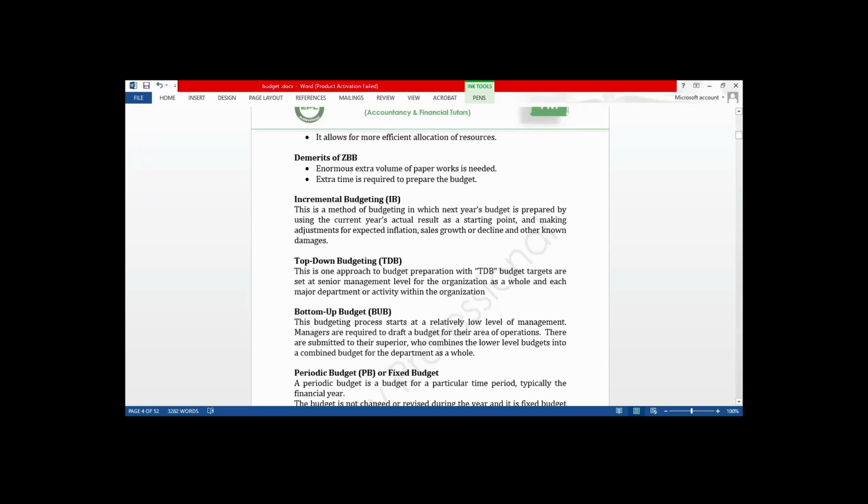We can also talk of budgeted profit and loss. Unlike the cash budget, which is prepared on cash basis, your budgeted profit or loss will be prepared based on accrual concept. Remember accrual basis.